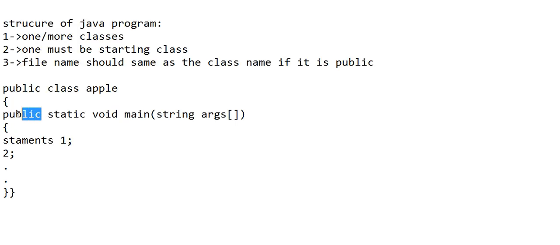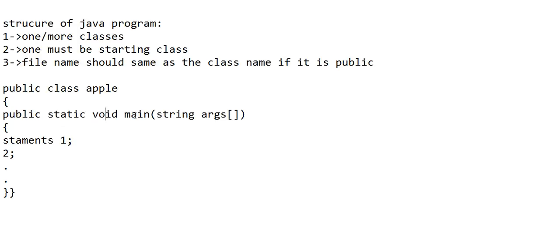At first, what is public? Public means it is visible at each and every point of the program. That means, as I said earlier, execution of a Java program starts at the beginning of the main program itself.